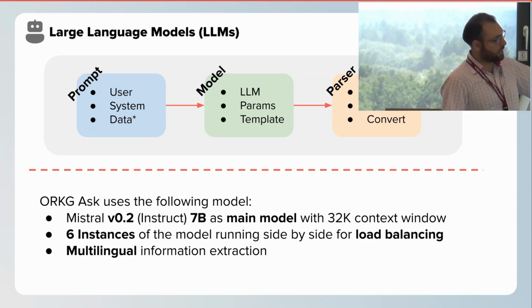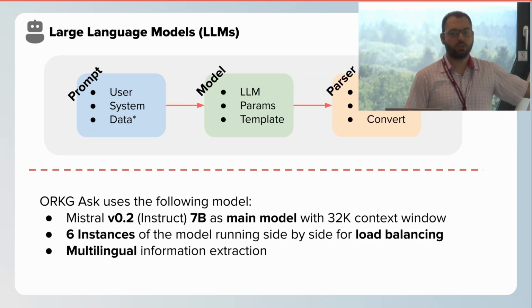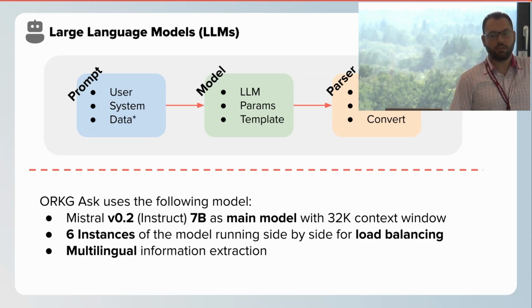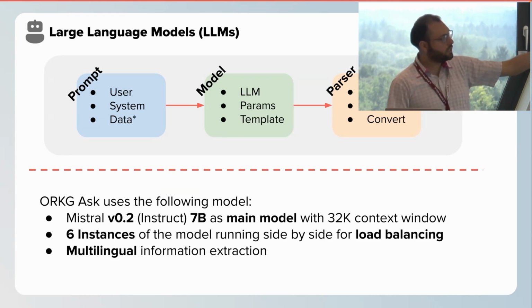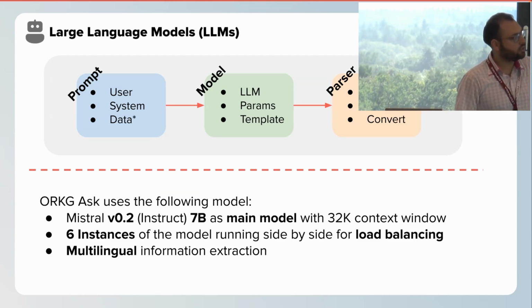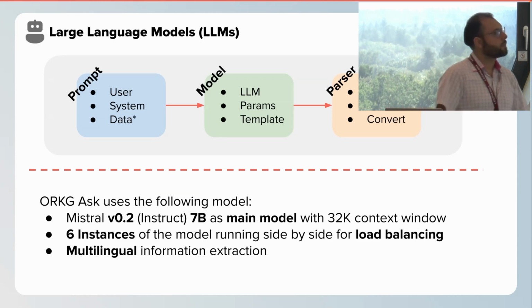Because at the end, this is used by code, this needs to be parsed and returned to the user and shown in the front end, so we need to be able to parse this information. That's why we have the parser. The parser at the end gets the information from the model, and depending on the prompt, we know for a fact, for instance, if we're extracting data, then we tell the model to stick to a certain format, to a certain specification, and then we are able to parse that.